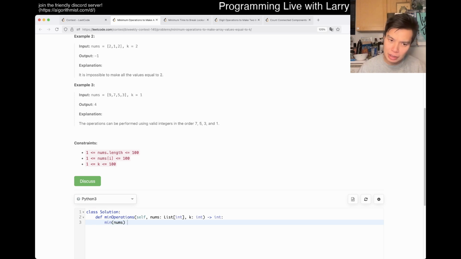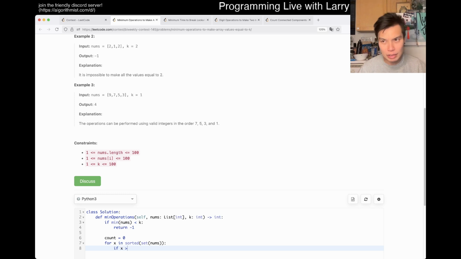If this is smaller than K, then we return -1. Otherwise, we just count the number of unique numbers bigger than it, which you could do with a binary search, but I'm too lazy to binary search.